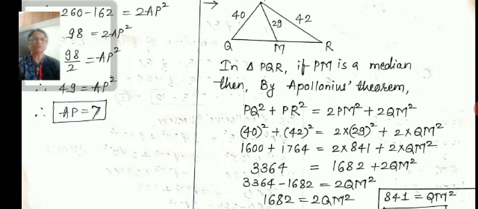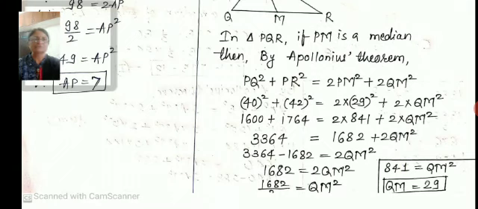The total addition of these two is 3364. 1682 subtracted from this gives QM square equals 841. Taking the square root of 841, we get QM equals 29.